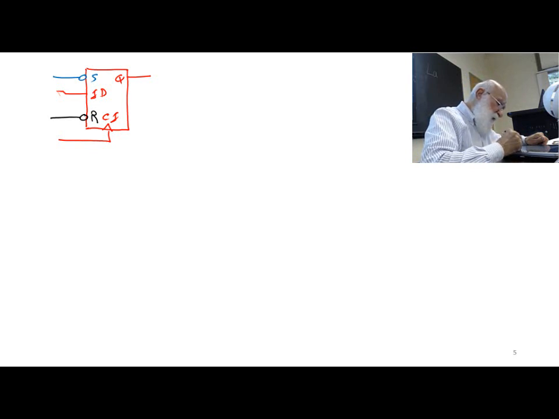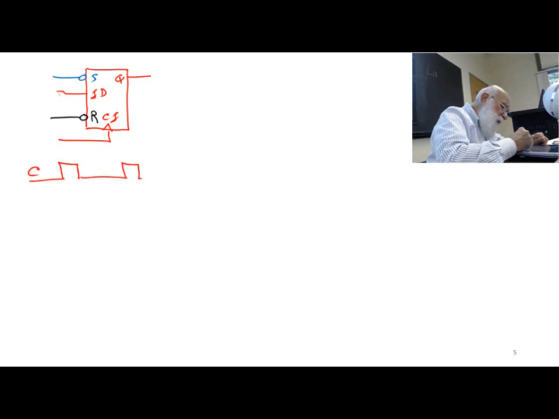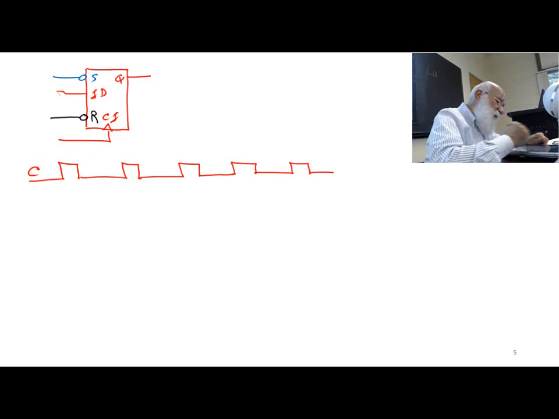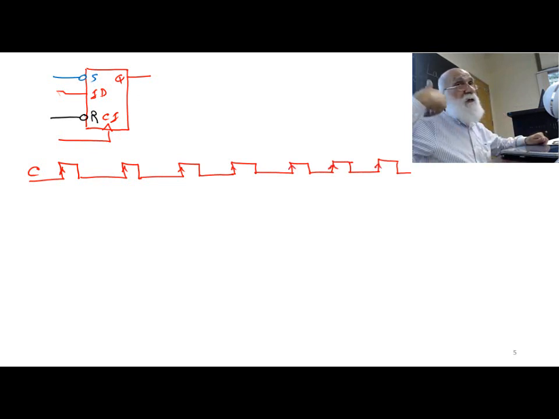What I want to do is put some changes on the input and the clock, and to see how things change. My clock goes like this. Okay, maybe a periodic up and down signal. The circuit is rising edge, and therefore all the changes on D will propagate to the output only on the rising edge.